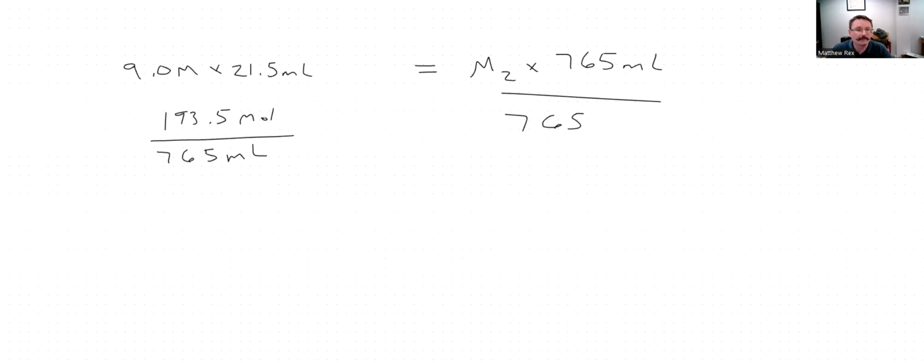Our M2 should be equal to 0.252 M. I can keep everything in milliliters like this, the 21.5 and the 765, or I could change them to liters. They just need to agree. So I could rewrite the 21.5 milliliters as 0.0215 liters, and the 765 is 0.765 liters. I should get the same answer if I do that for both.